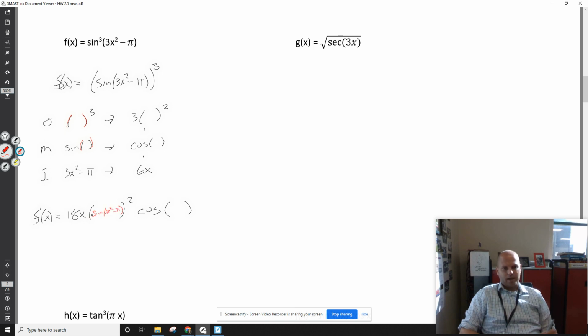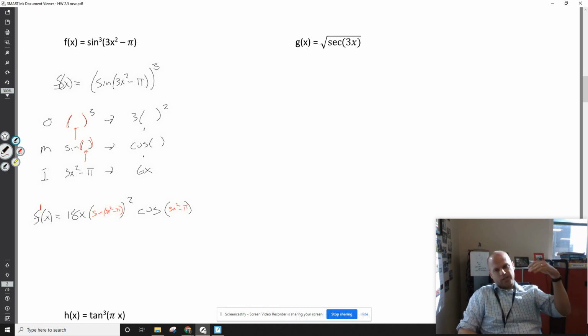So that needs to go back in there. What started in sine was not everything. You're not going to rewrite sine here. But what started in the sine was the 3x squared minus pi. So it's almost like this goes in there and that goes in there. So that and that will go in there, if that makes sense. If you just do a couple of these, I think you'll be able to figure it out. Okay. So we end up with this for f prime.